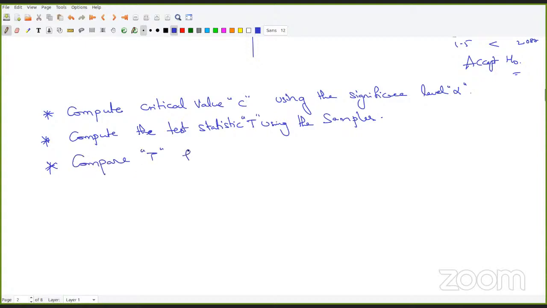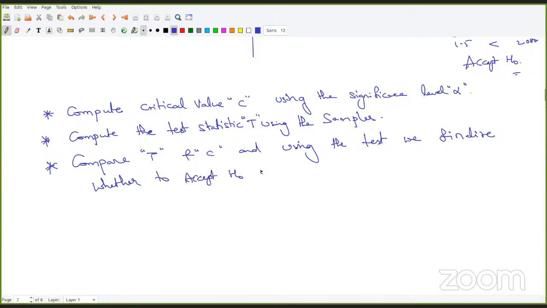Compare T and C, and using the test we finalize whether to accept H0 or reject H0.